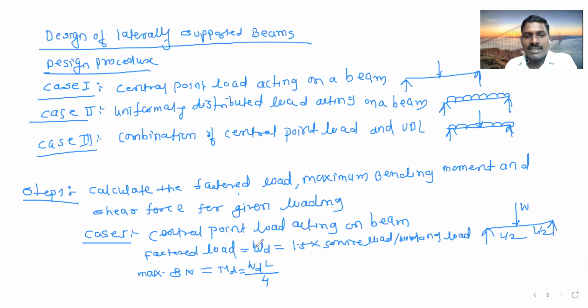Understand why we called it WD: this is the design load, so we called it D. So WDL by 4, and shear force. What will be the reaction? This reaction. W is there, L by 2 is there. So what will be this reaction? Reaction means shear force.